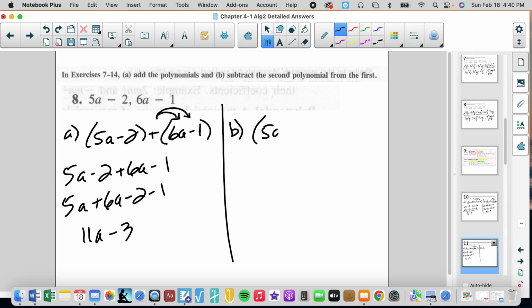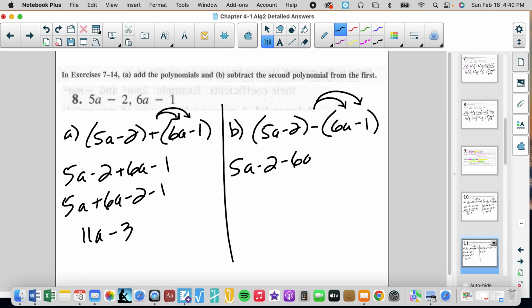You have the same two binomials. The only difference is the notation. Instead of adding them, we are subtracting them. And we're going to distribute a -1 into both of those terms. That becomes negative 6a plus 1. Now we're going to put them next to each other, like terms in standard form. And that is negative a minus 1.